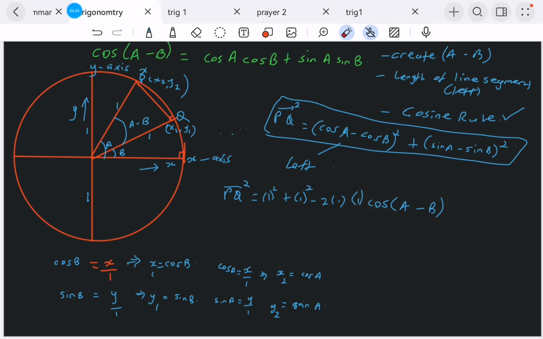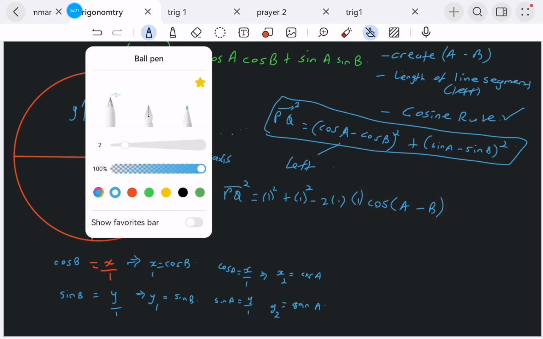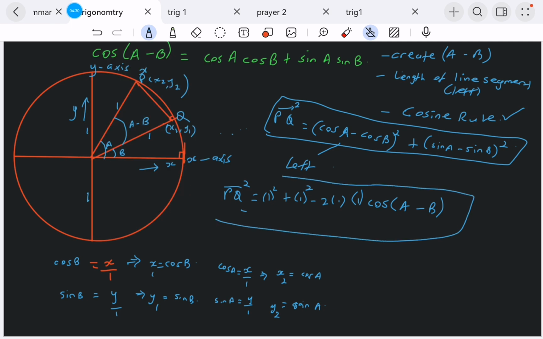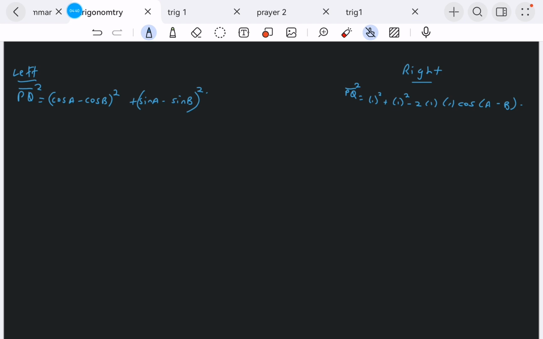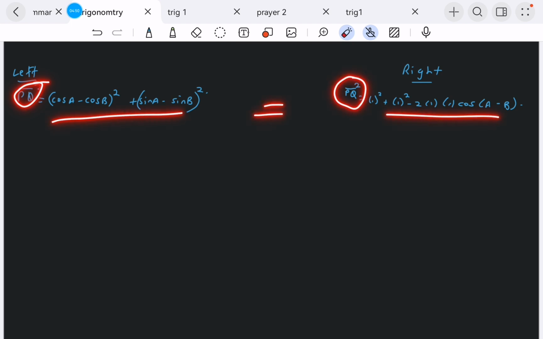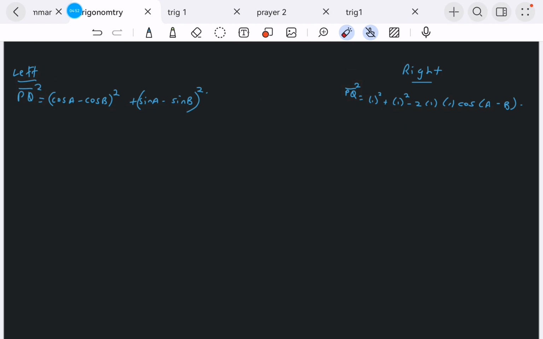Okay, so now we're going to solve each side separately. So this is going to go to the right side. So let's go ahead and work with this. So this is how everything looks now, and if you know mathematics, you also see that this is equal to this. Okay, so after working out this and this, we are simply going to equate, and then we shall have our formula.